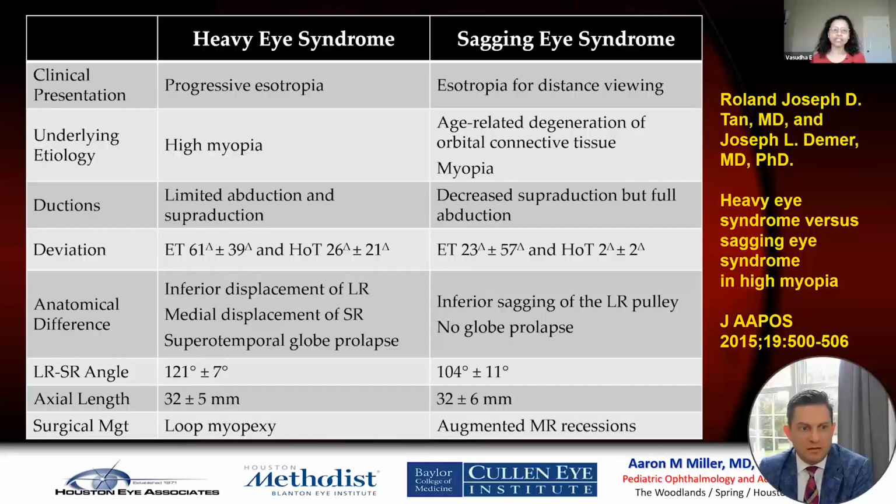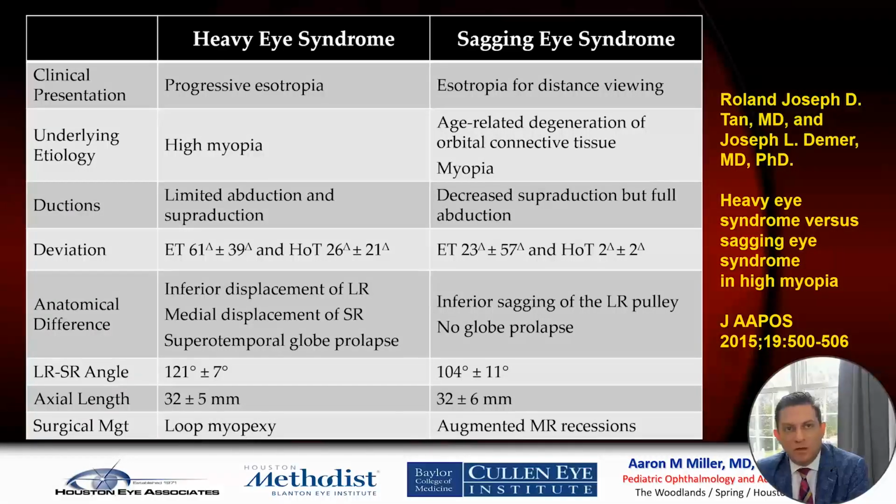That's right. The classic teaching is that that's what you'll see in the heavy eye, but in the sagging eye it's not necessarily the axial length, it's the adnexal tissue, which is why you have that sulcus deformity and those classic signs. So I think that, in what you mentioned, absolutely with the large angle, I've had patients, and the question is, which one is it?